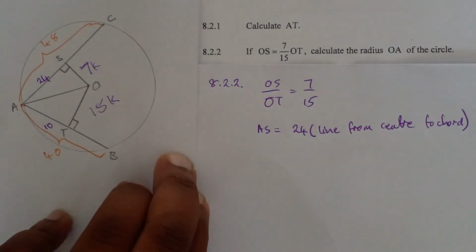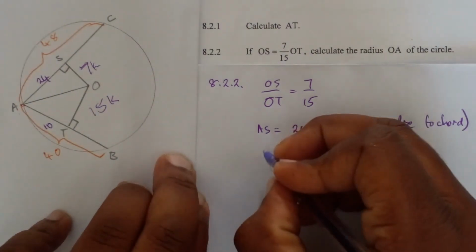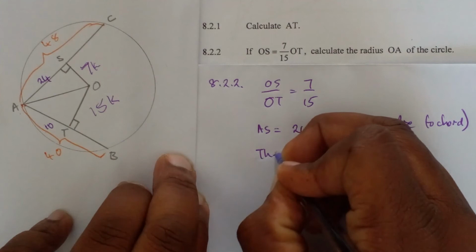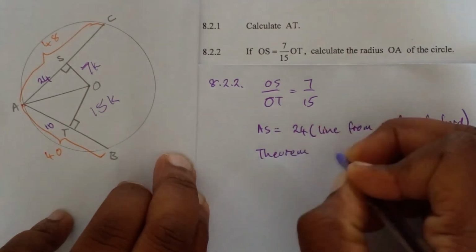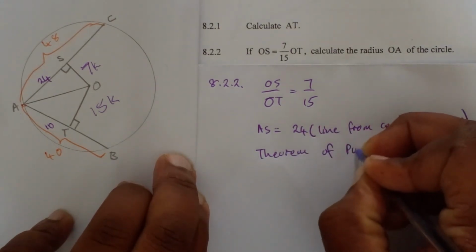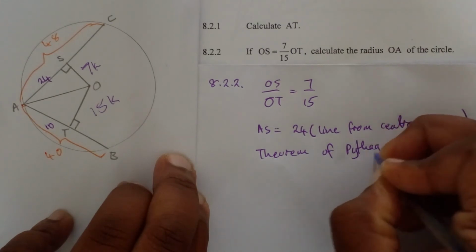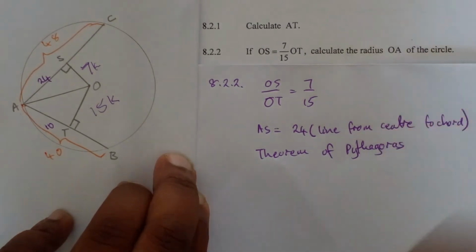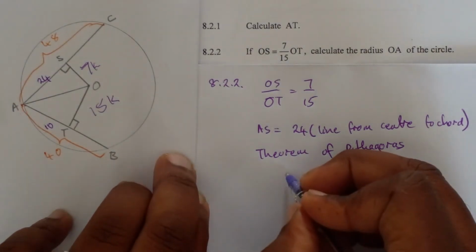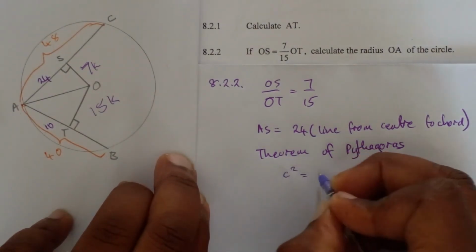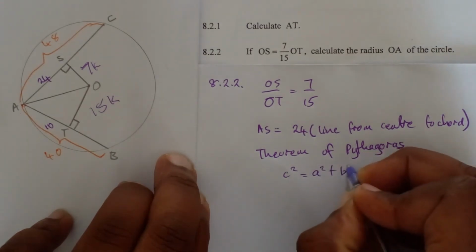Now we're going to use our theorem of Pythagoras. The hypotenuse c squared is equal to the side squared plus the other side squared.